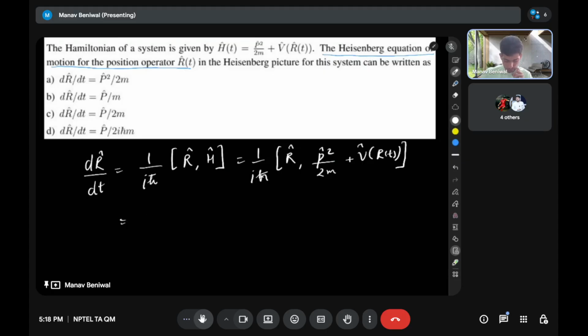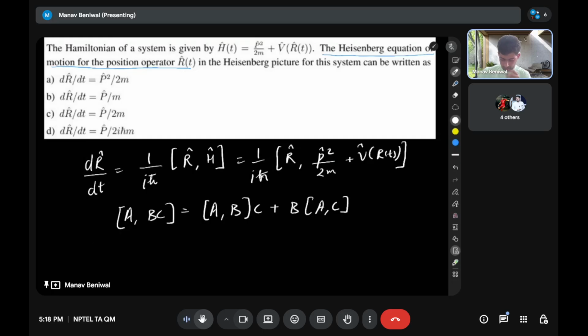Also, we know that if we have a commutator of this form, we already discussed this in the previous classes. Let me just write it again for the sake of completion. So what we have here is this p square term.